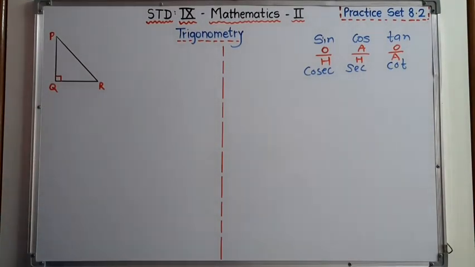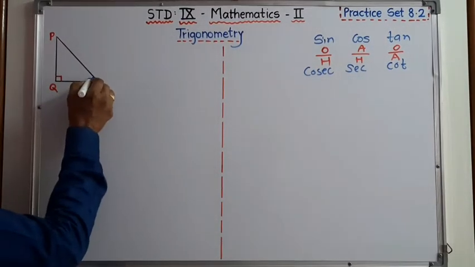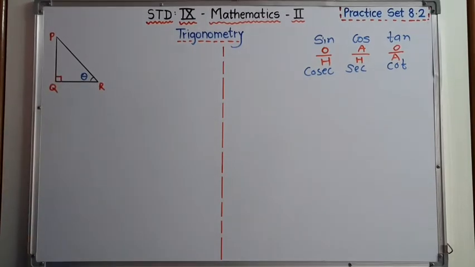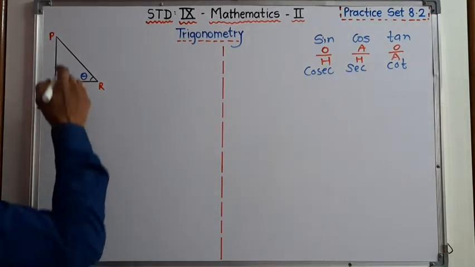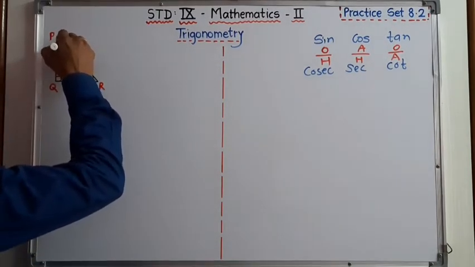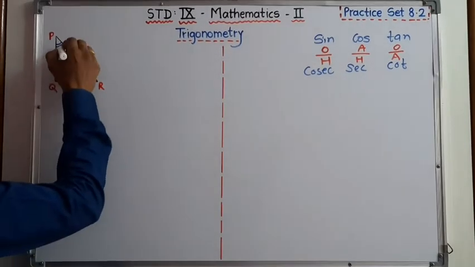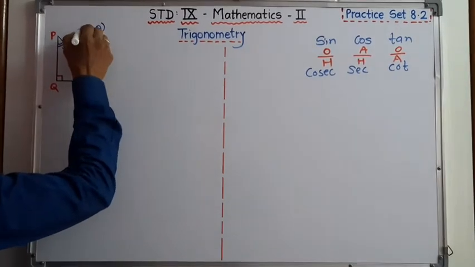In this triangle PQR, angle R is theta degree. Measure of angle R is theta degree. Measure of angle Q is 90 degree. And I have already explained in the previous lecture that the measure of angle P will be 90 minus theta degree.